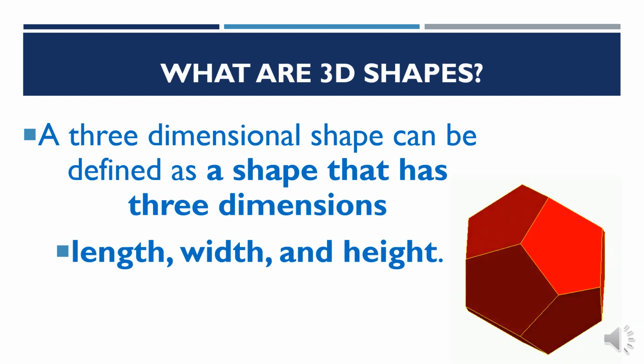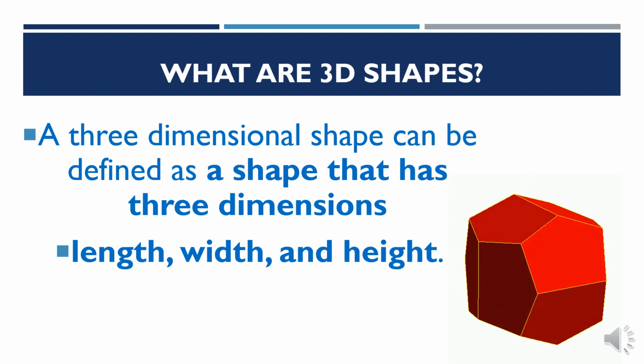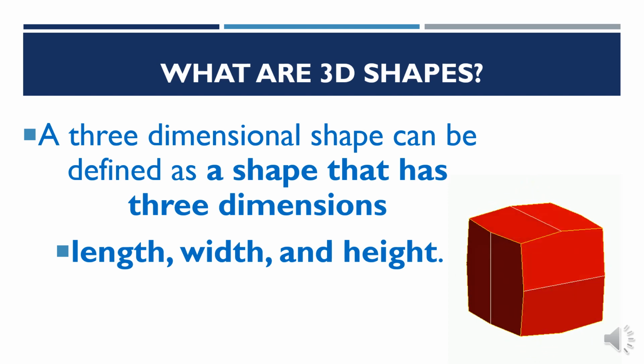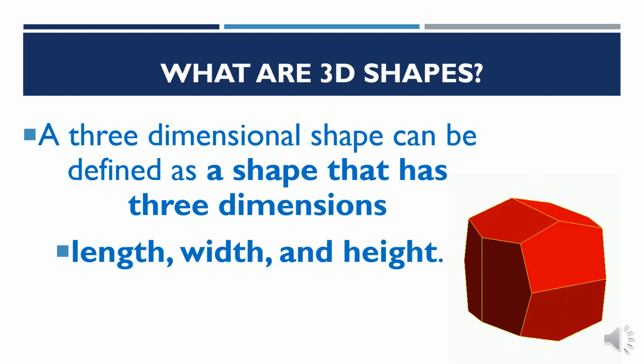So that means any shape that has a length, a width, and a height is a 3D shape. You can say that a 2D shape is a flat shape, but a 3D shape has volume and it occupies space.